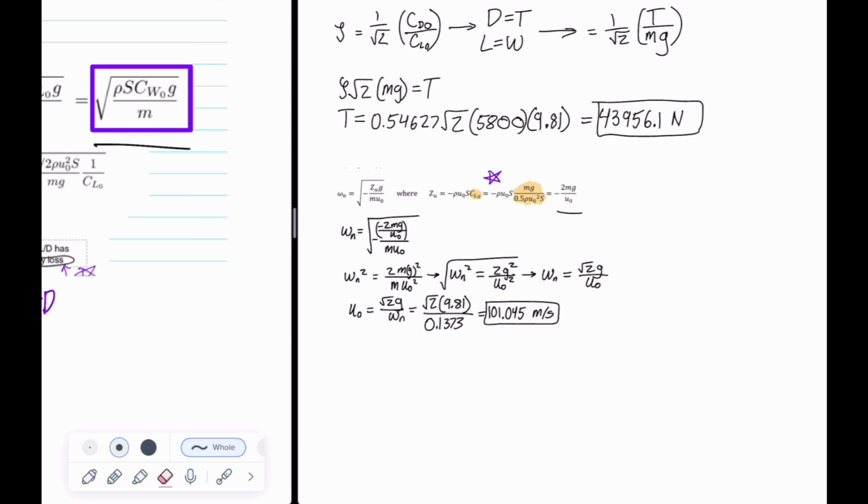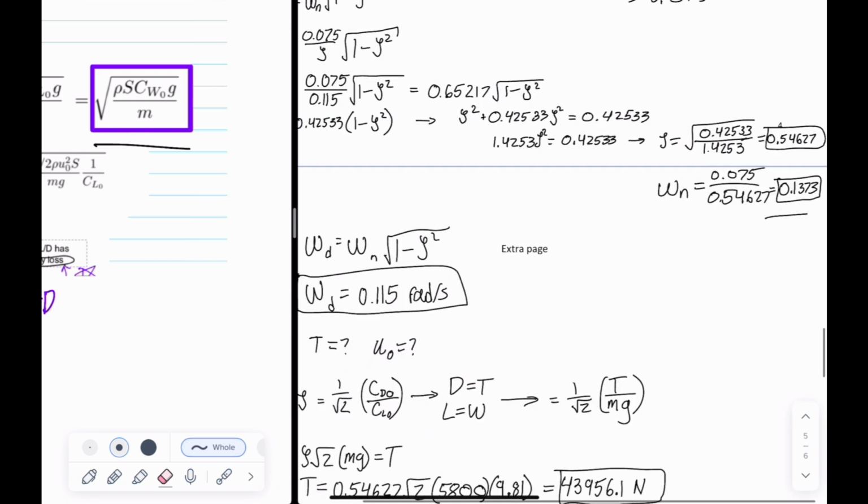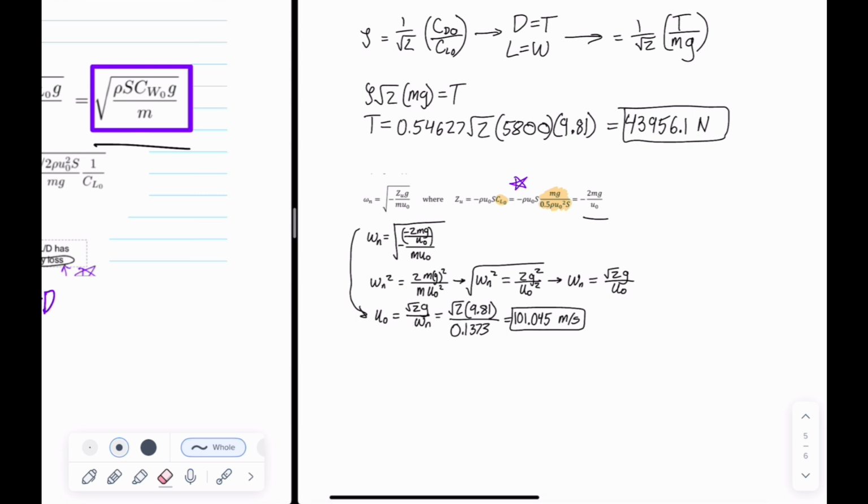So now we know that it equals this. And then we want to rearrange so that we get U naught. And then we can plug everything in because we found this from the previous step right here. We find that the speed equals this.